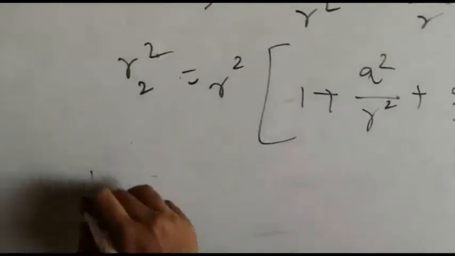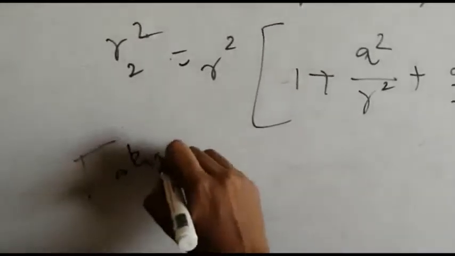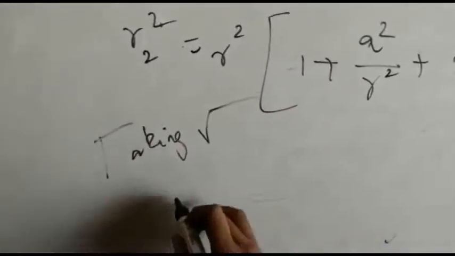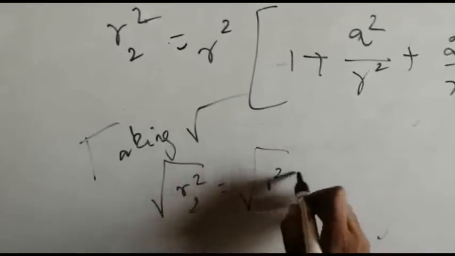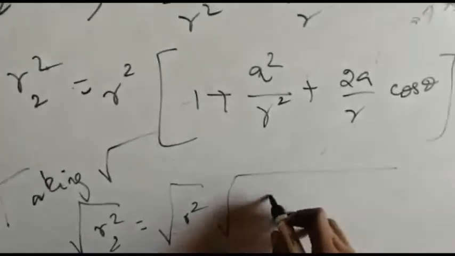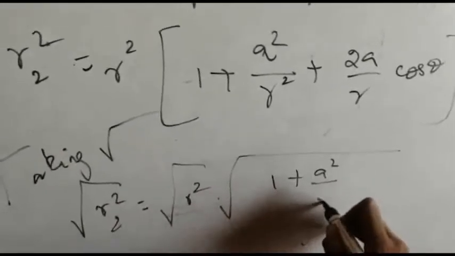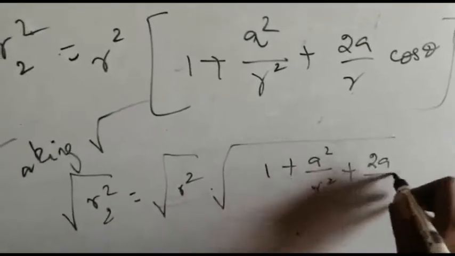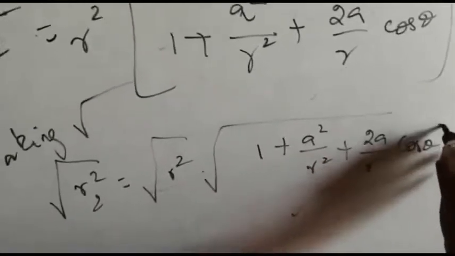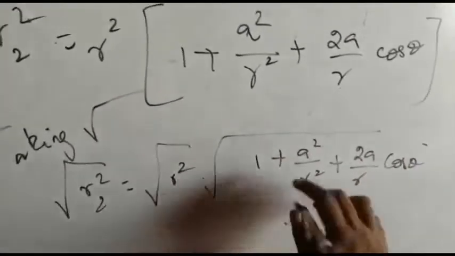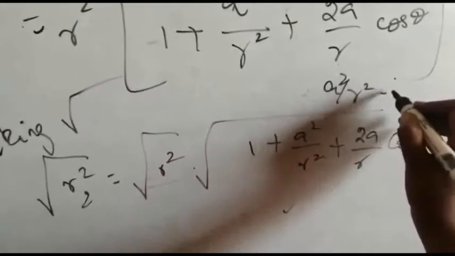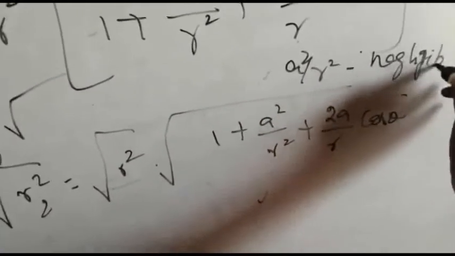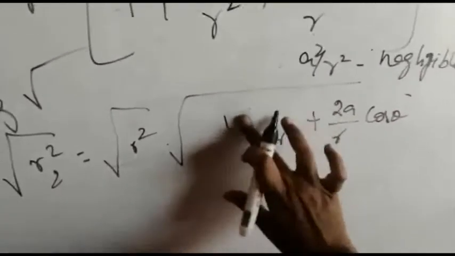So take square root, taking root on both sides. Root of r2 square equal to root of r square into root of 1 plus a square by r square plus 2a by r cos theta. Before that, this term a square by r square is negligible. So remove this term here.